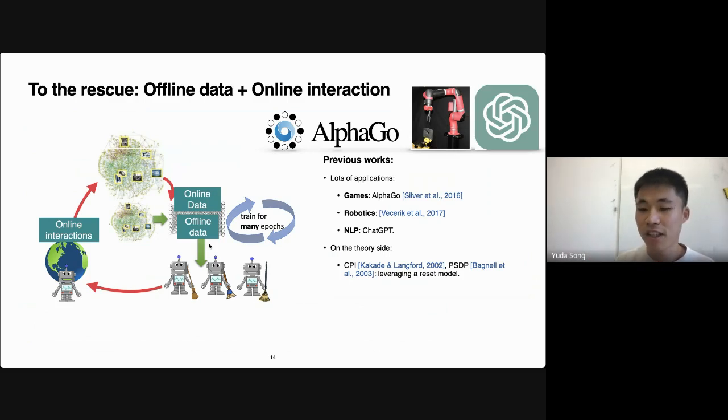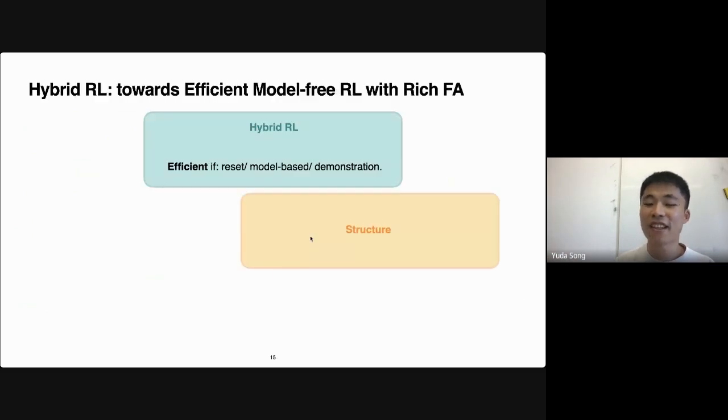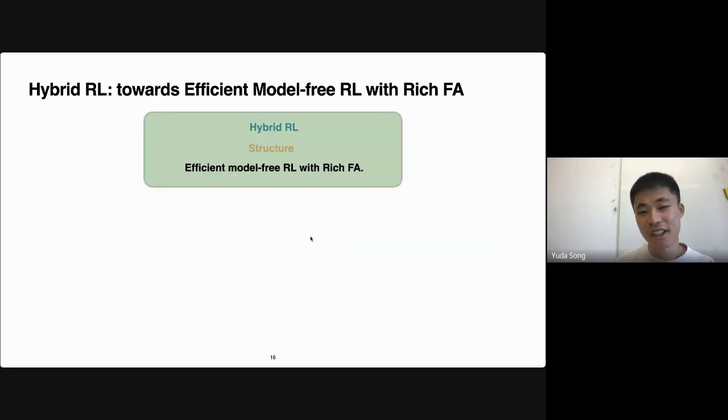It will work really great in our setting, but the counter argument is that we are also using extra information or assumptions. But I think pi star coverage is a nice setting, and there is a hybrid RL setting.